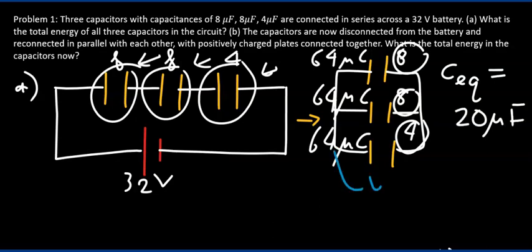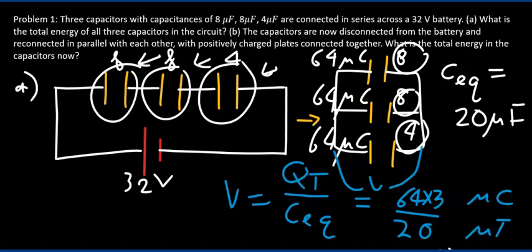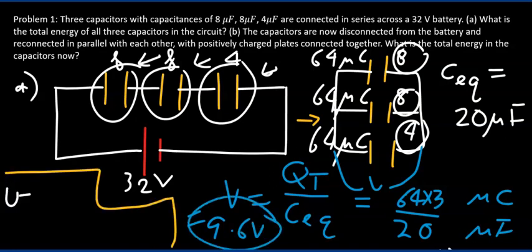The potential difference across the parallel combination is V, the total charge divided by the equivalent capacitance. The total charge now is 64 microcoulomb times 3. So the unit is microcoulomb divided by 20 microfarad. And that's going to give you 9.6 volts, from which the total energy can be computed using the following equation.